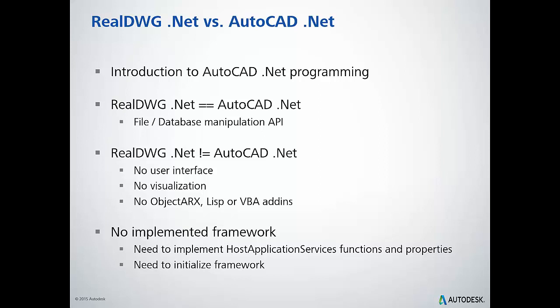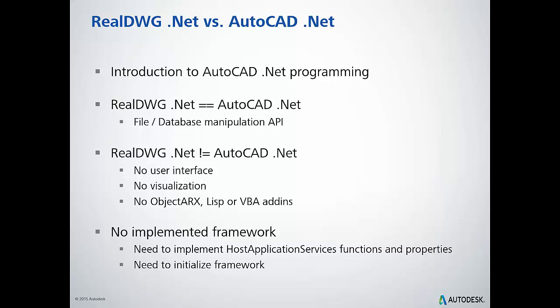So what are the differences between these two APIs? As I mentioned, RealDWG is only for file database manipulation and the .NET API provides the same capabilities and way of usage as that of the AutoCAD .NET API. As I said before, RealDWG does not have viewing functionality. Also, it has no user interface, no built-in functions to get user feedback or to create views for the drawing.